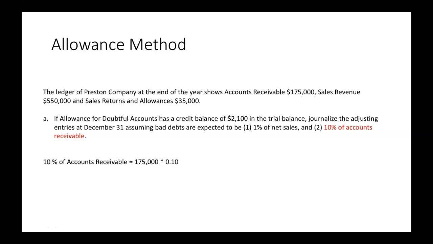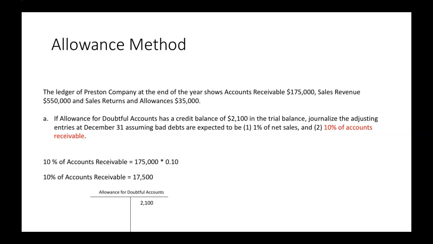We multiply that by our 10%, or our 0.10. So we see that 10% of our accounts receivable is $17,500. Now, unfortunately, we can't just throw that number into our journal entry. There's going to be another step here.